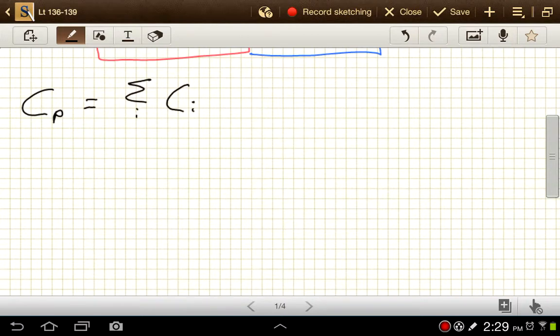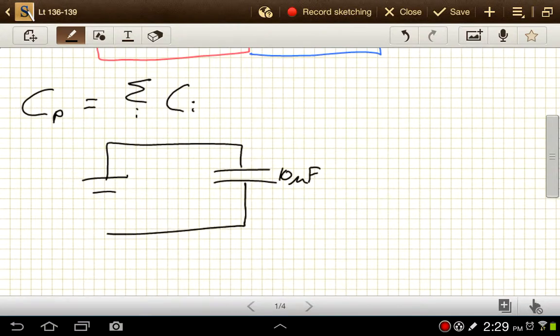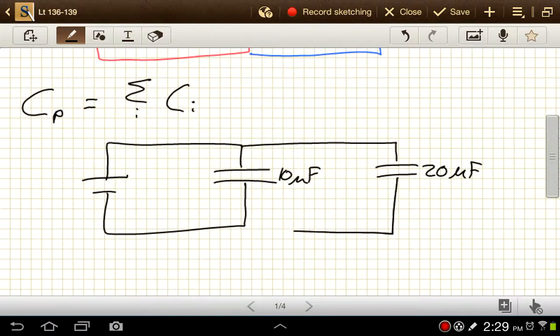So if we have, for example, a circuit that has a battery, and then maybe a 10 microfarad capacitor here, and say a 20 microfarad capacitor here, the equivalent capacitance would just be 10 plus 20, which is 30 microfarads when those are in parallel.